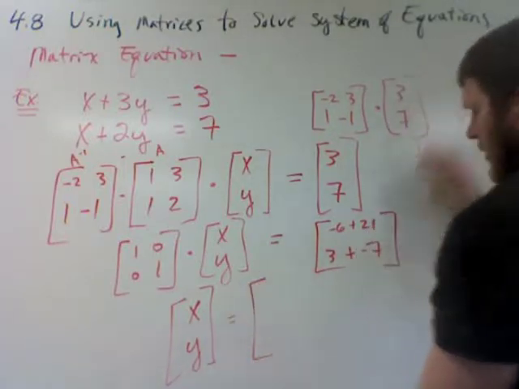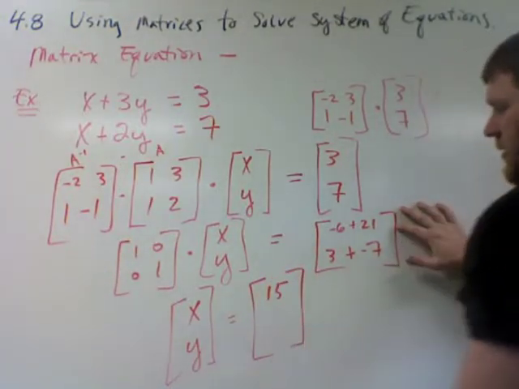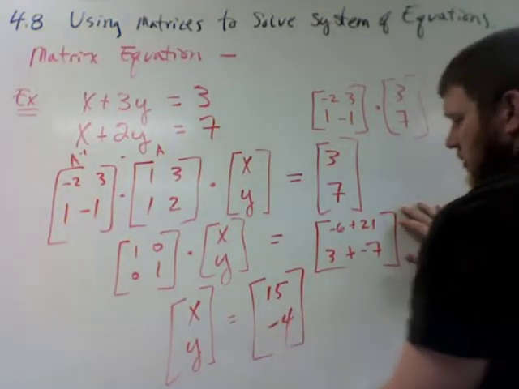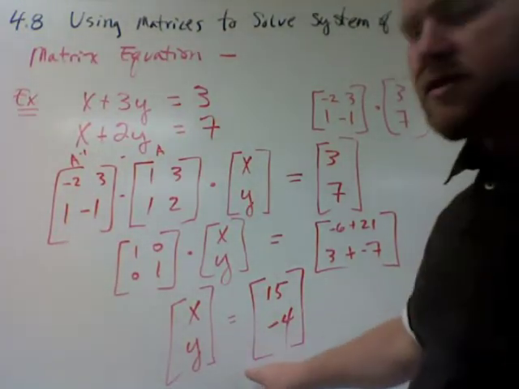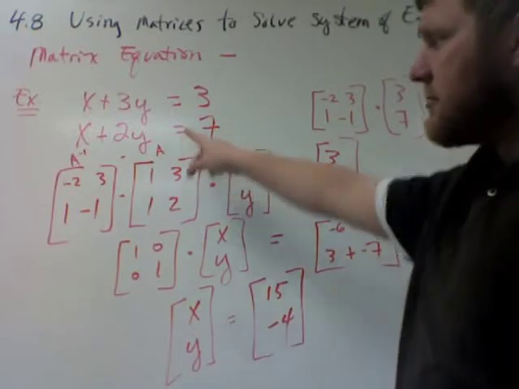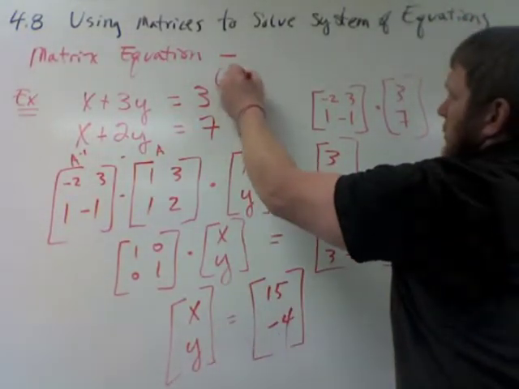So when I simplify, I end up getting 15 and -4. Notice that if these two matrices are supposed to be equal, my solution to the system up here is going to be 15, comma -4.